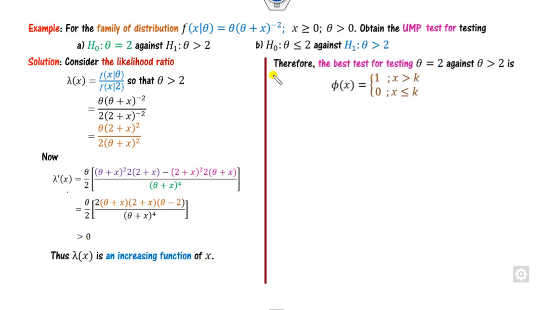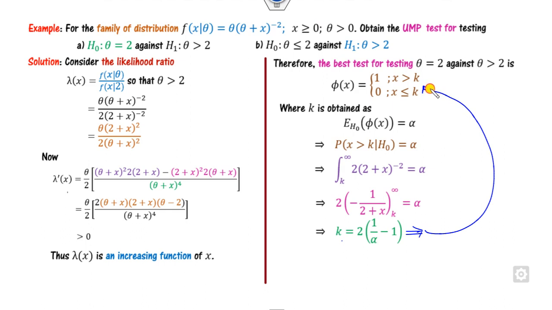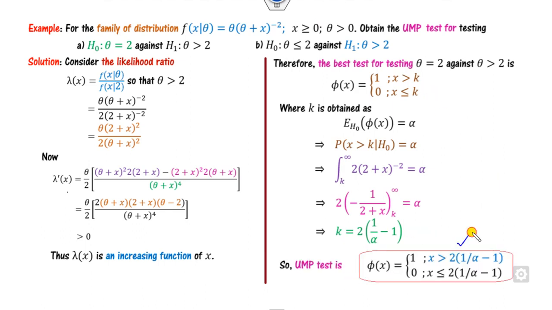Once it's an increasing function, we can write according to h1, h1 is greater than, we can write here. How do you find the unknown number? We can write here. Since it is a function of x only, there is no need of a transformation. So how can you solve that? We can take the integration from x to the upper limit infinity. Now you can easily solve the integration of this. We will get the value of k as here. So I can substitute the value of k here. We will get the UMP test as this one.